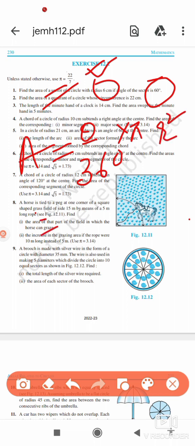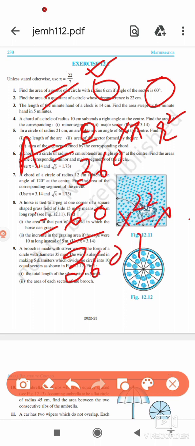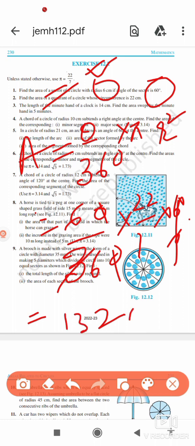So theta is 60 by 360 into 22 by 7 into r square, which is 6 into 6. If I solve this out, it will be 132 centimeter square. Right? As simple as that.